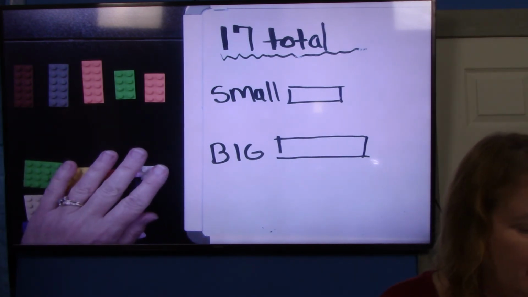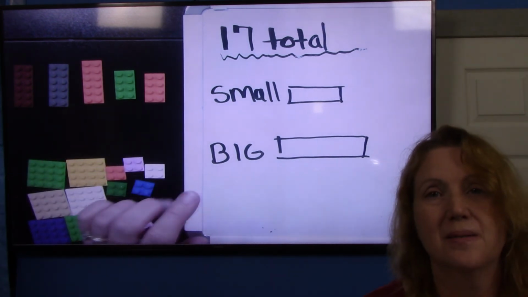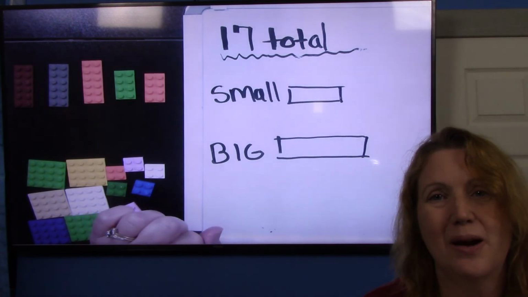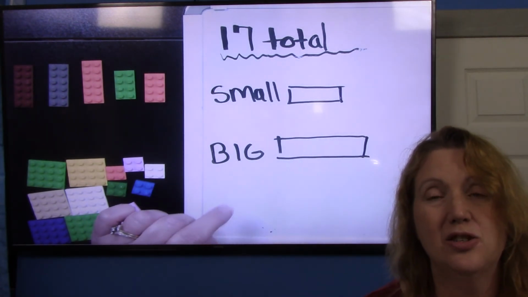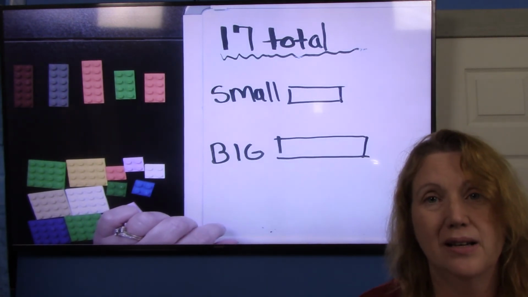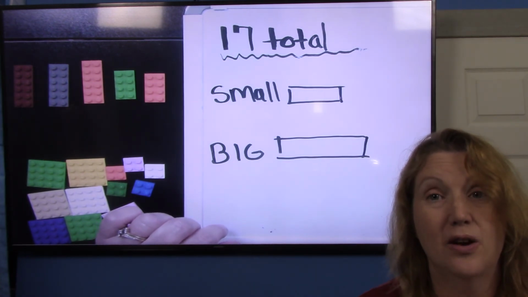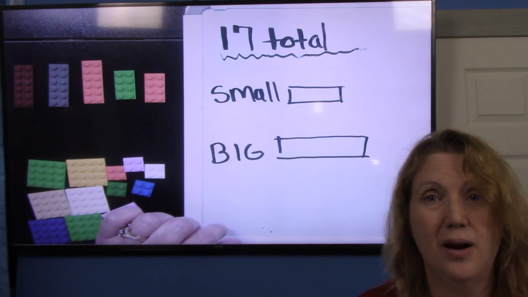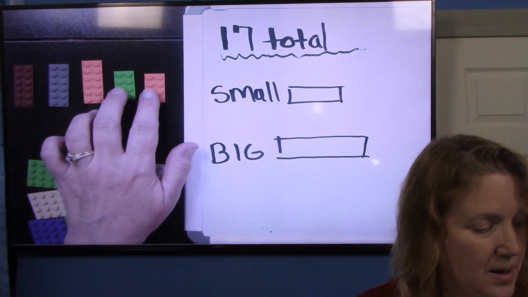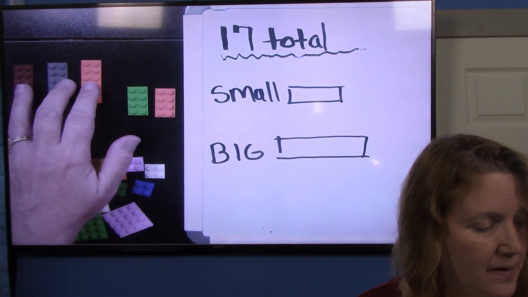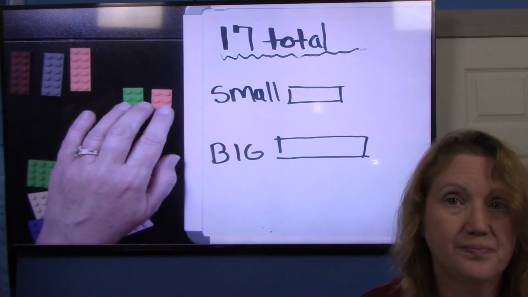So let's take a look at our small rectangles first. See how you're doing, and I would like you to, in the chat, put how to write the small rectangles. First, you have to know how many small rectangles that you have. So we're going to separate the small ones from the big ones.